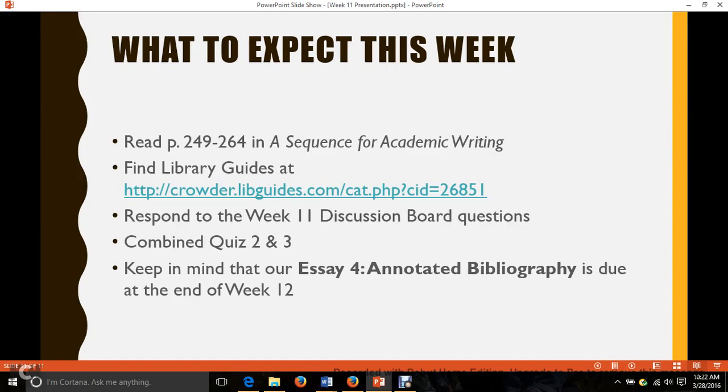So remember, things to do for this week. Read pages 249 to 264 in A Sequence for Academic Writing. You can find library guides at this link that I have provided here for the Crowder Library. So if you want to know how to use the Crowder Library, check out that link. Also, be sure to respond to the Week 11 discussion board questions, where you're going to get started on finding some sources for your annotation.